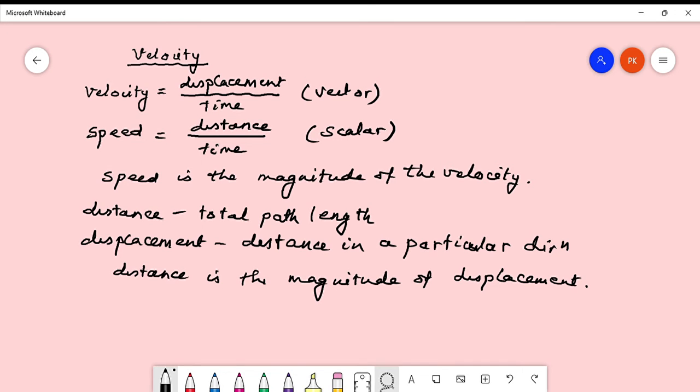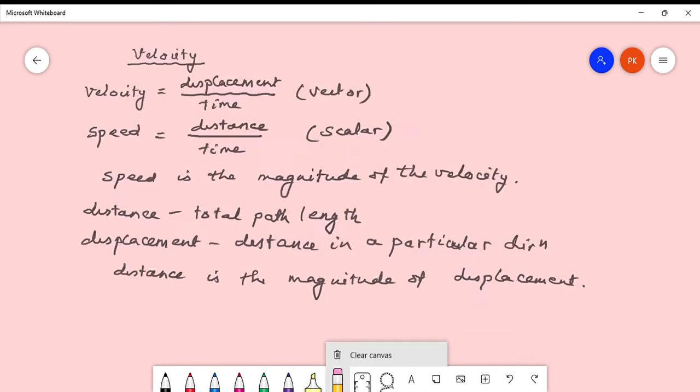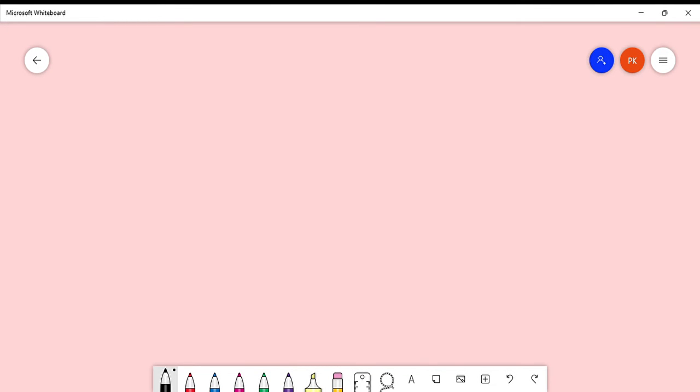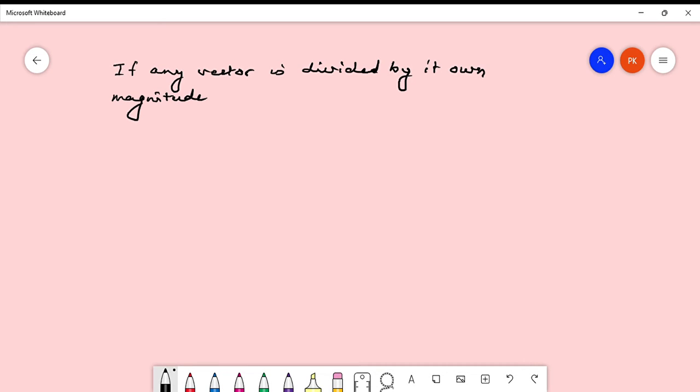Now, one more concept that you have to keep in mind here is that if any vector is divided by its own magnitude, we get a unit vector in the direction of the given vector.